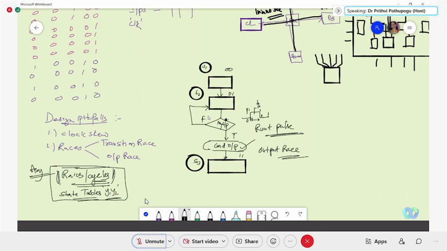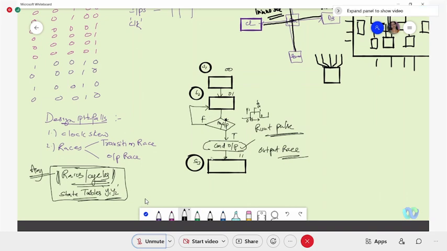That means we can have asynchronous input, but the extent to which we can bear that asynchronous element is that it is not of a shorter duration, but it should have sufficient time given for the system to evaluate all the outputs, including the conditional outputs and unconditional outputs also.